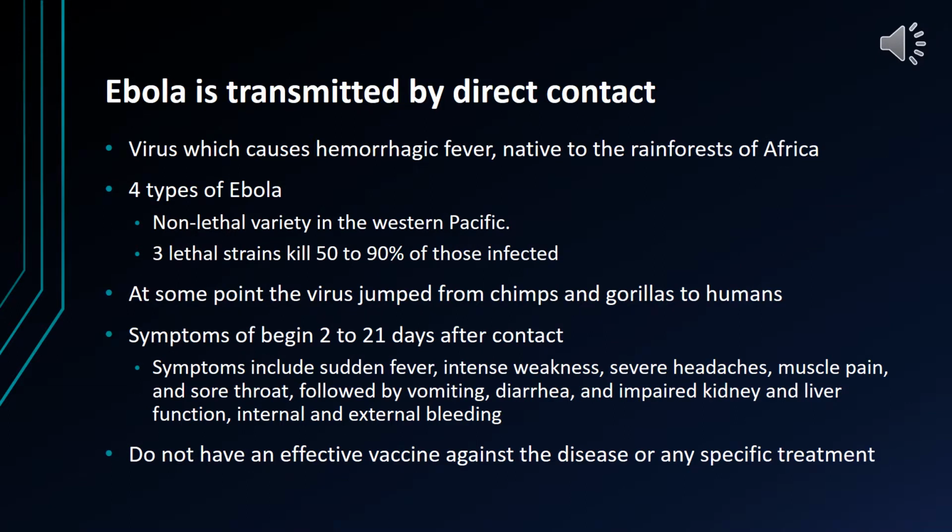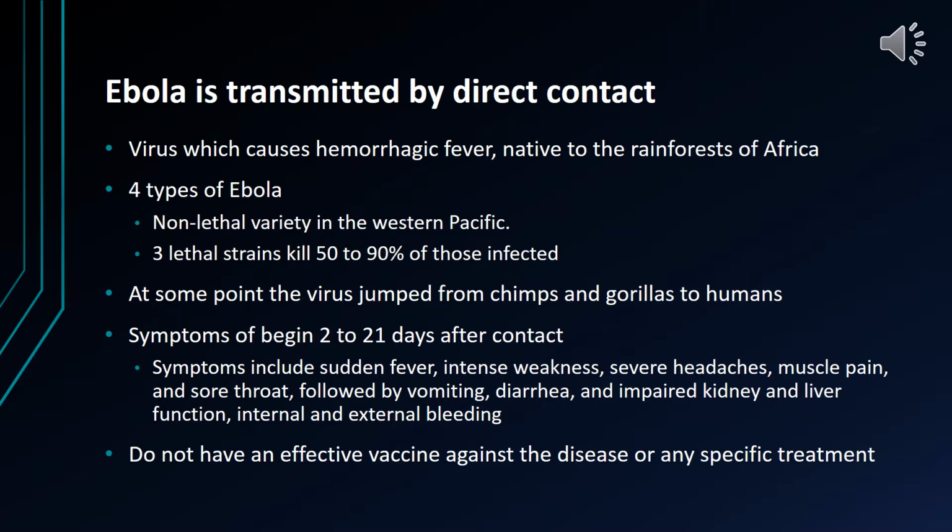Ebola is a virus transmitted through direct contact, so one typically becomes infected with Ebola through contact with an infected individual's bodily fluids, such as blood or semen and other fluids. And these viruses cause hemorrhagic fever and are native to the rainforests of Africa.